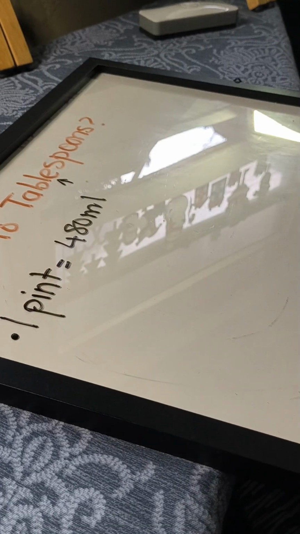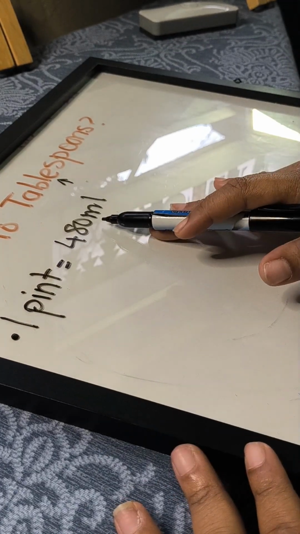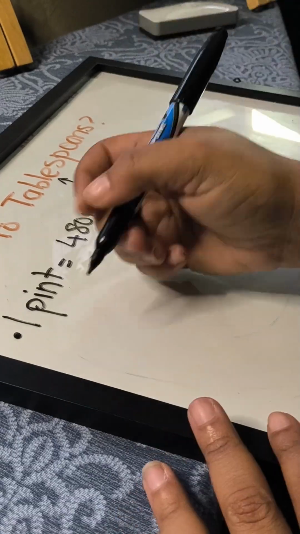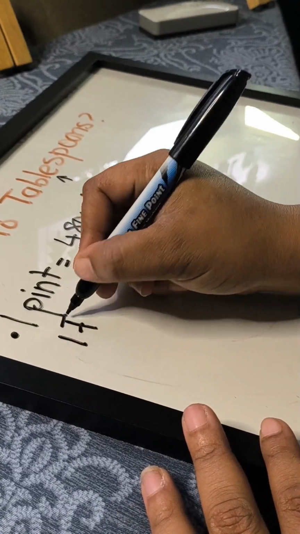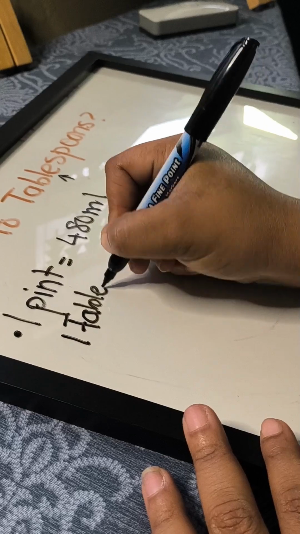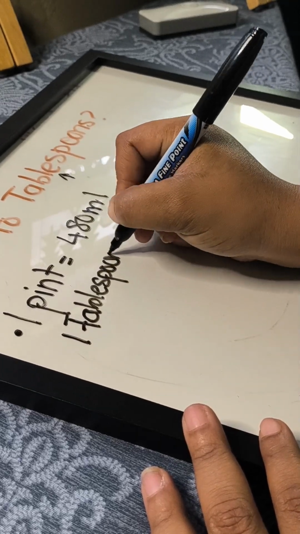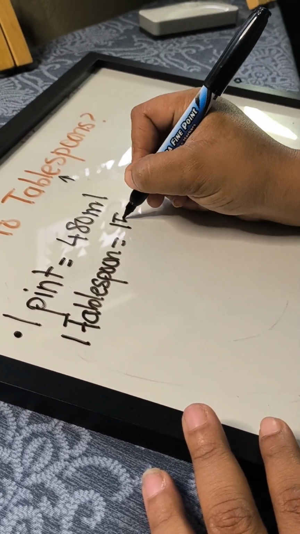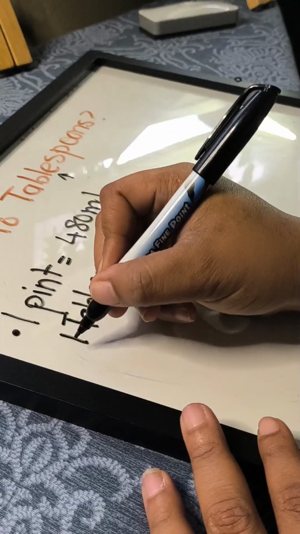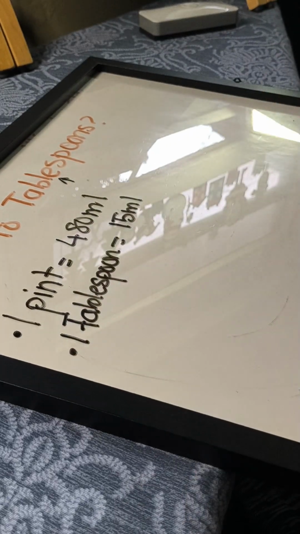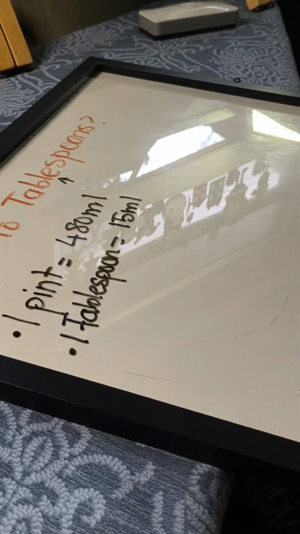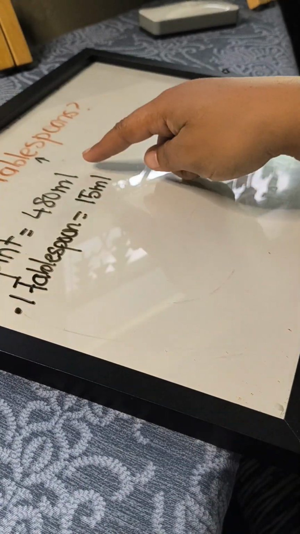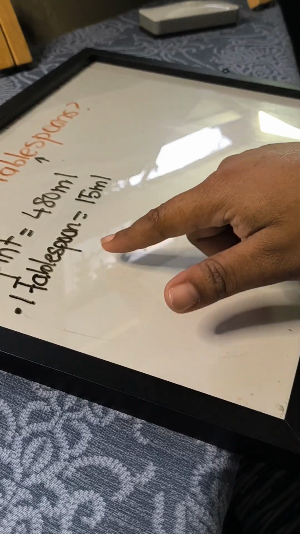What's another conversion factor that can help me in converting milliliters to tablespoons? 1 tablespoon, let's use a big T, is equal to 15 milliliters. Those are our 2 conversion factors that we need to know in order to be able to solve this easily. Okay, so 1 pint is equal to 480 milliliters. 1 tablespoon is equal to 15 milliliters.